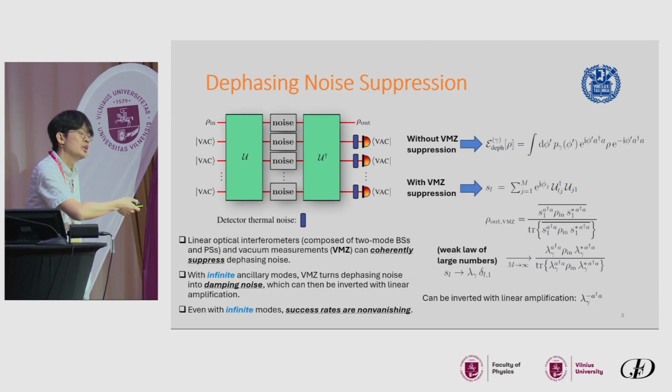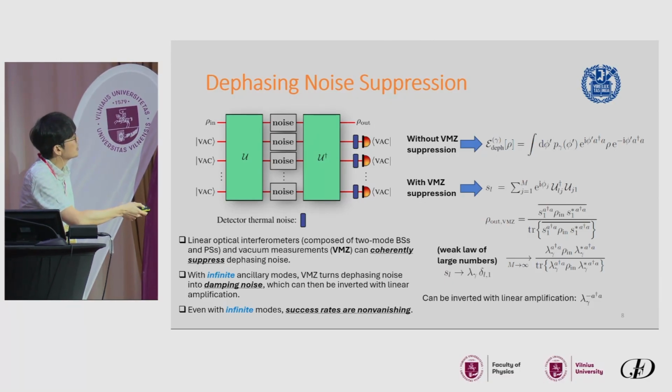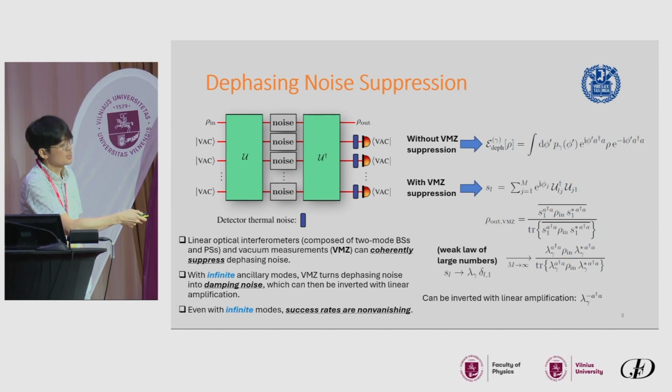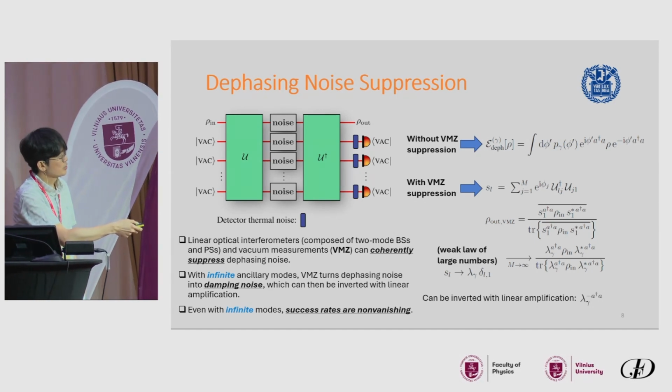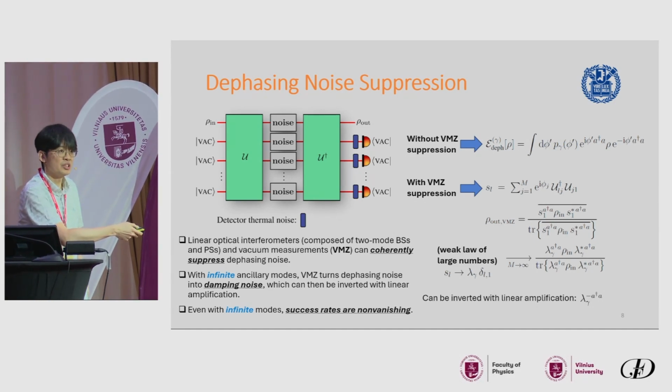For the infinite M case, if you look at this expression, you can actually completely convert the IID dephasing noise, at least, to something that looks like a mixture of damping channels.